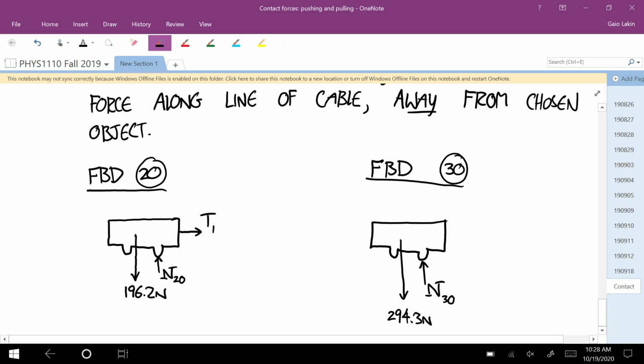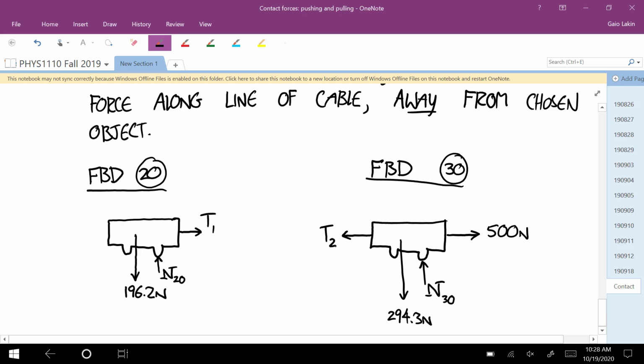Let me be a little careful with that, because we do have that 500 Newton force, remember. So that 500 Newton force is applied over here. But the only other contact force is this, and I'm going to call that T2.